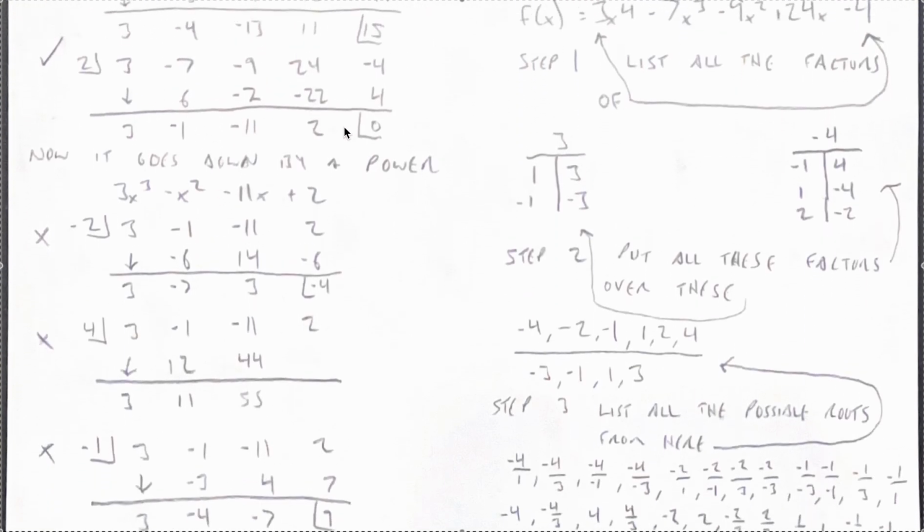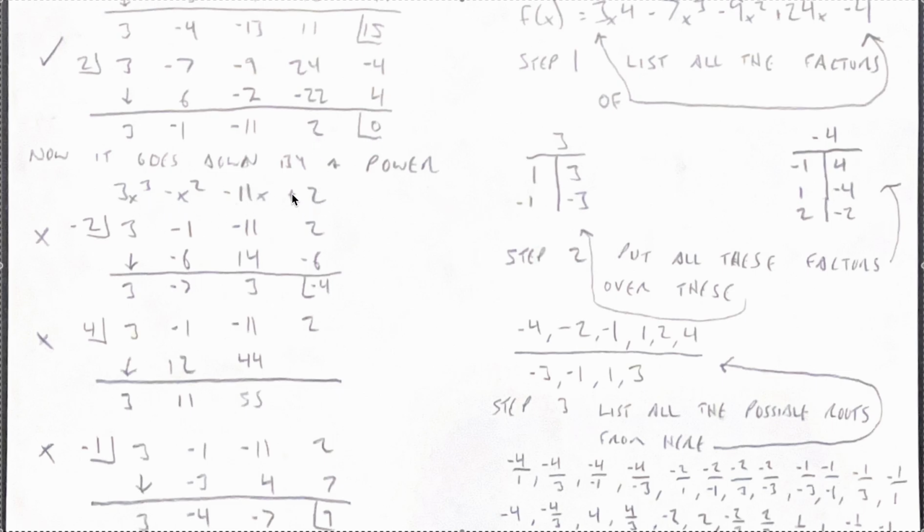After you get one root, it gets easier because you no longer have a power of 4 here. It goes down by a power, and you're just left with 3x cubed minus x squared minus 11x plus 2.